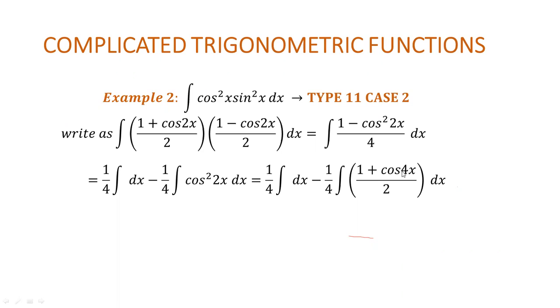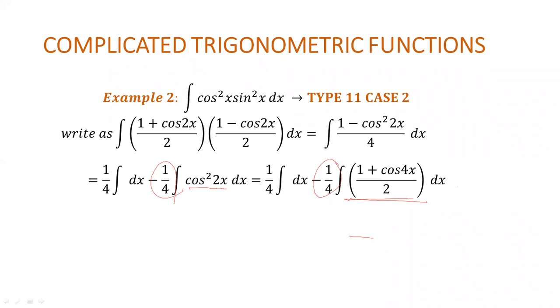Notice that the angle 2x now became 4x. And the 1/4 that you have here was copied in here. And the original, the cosine squared of 2x in here, was converted to this identity. The 1/4 were just copied. And the same thing with the first integral. Okay?